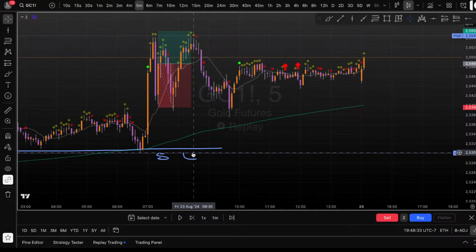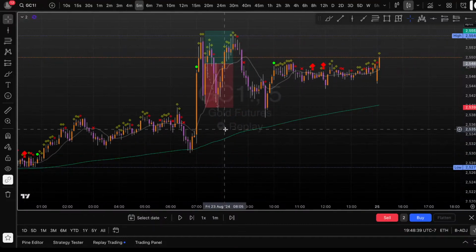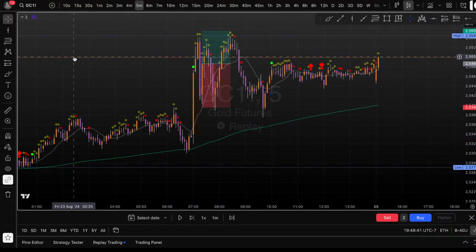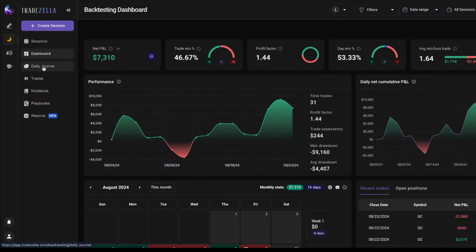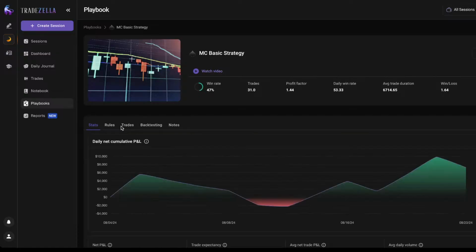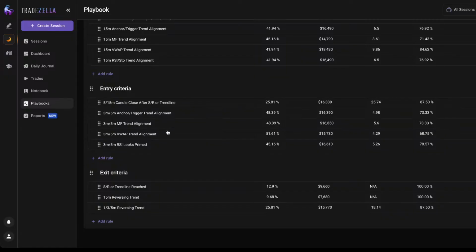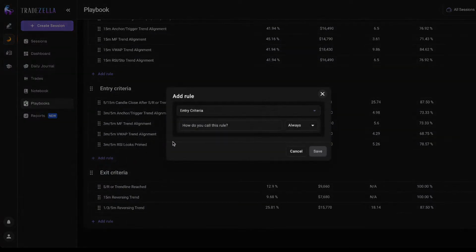So that's how we're going to do it. That's the rule. Let's go ahead and establish that now. That is going in the playbook. So we'll come to playbooks, rules, entry criteria. Only show this rule when selected trade outcome or type applies.